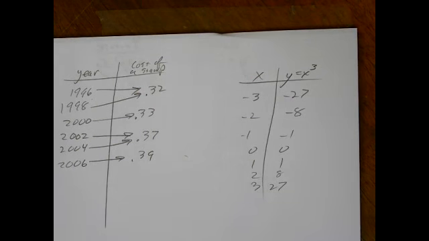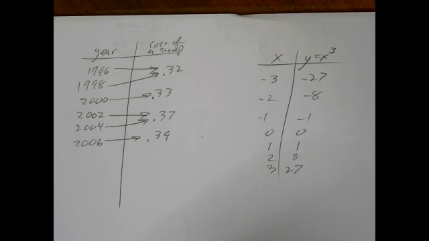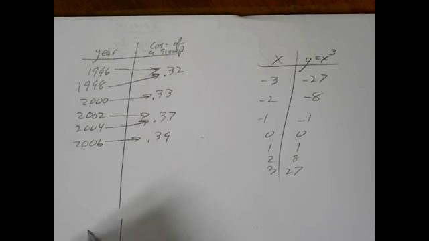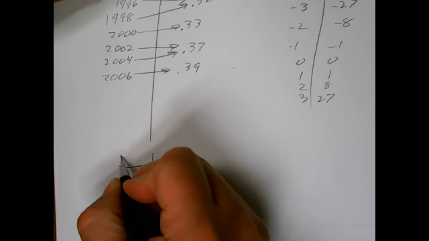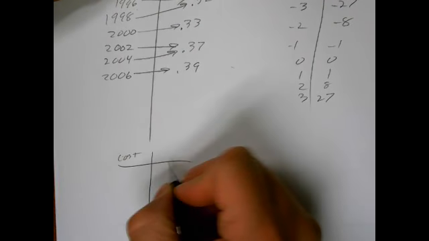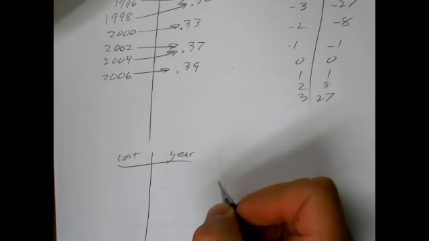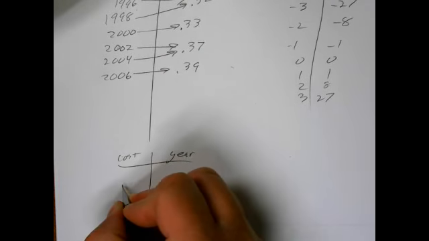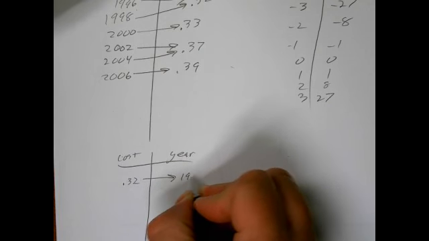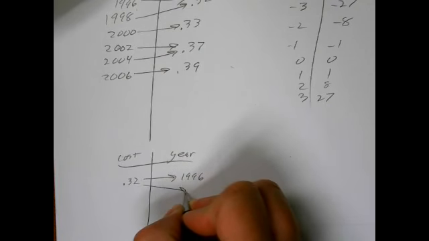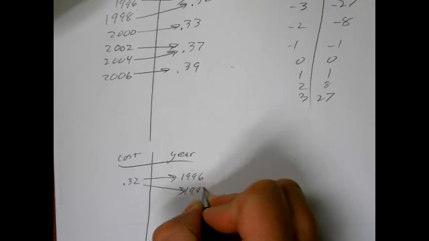And with one of them, when I go to turn it around, something interesting happens. If I take this relationship right above, and I go from cost of stamp back to year, when I reverse that process, the 0.32 will go back to both 1996 and 1998.